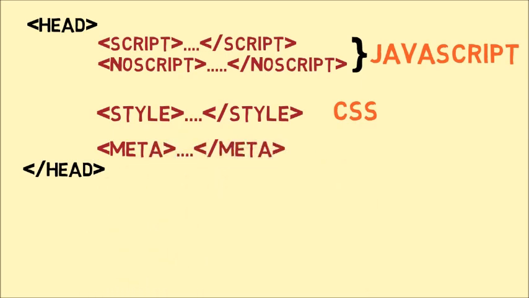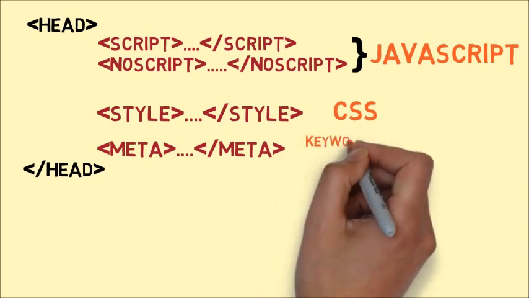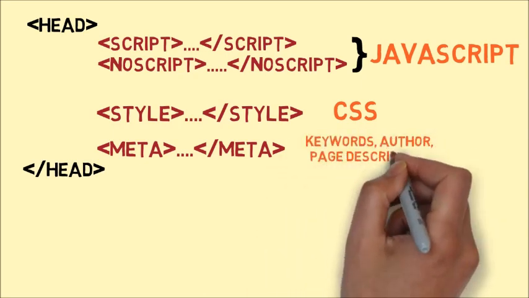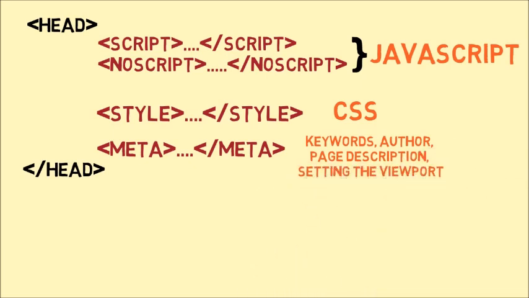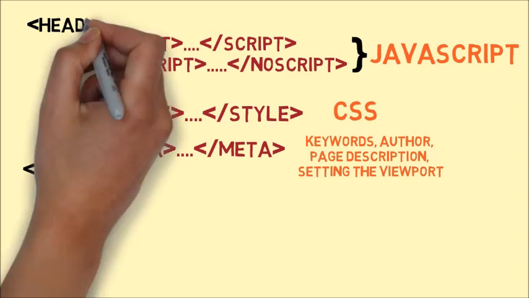Now what is metadata? Well, metadata is actually data about data. So this tag will contain information about your current HTML document. This includes keywords, author, page description and setting the viewport. We will take the meta tag in detail in the later lessons.